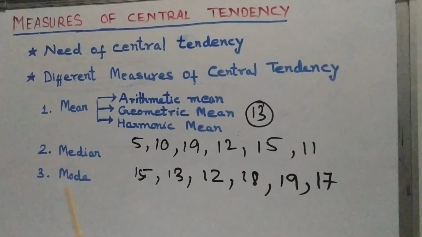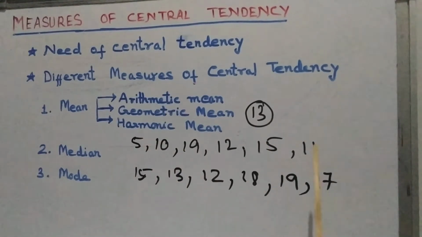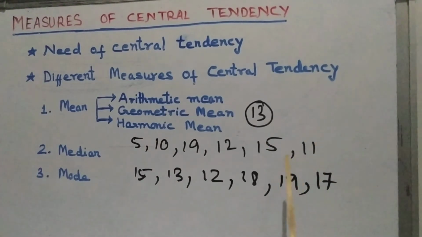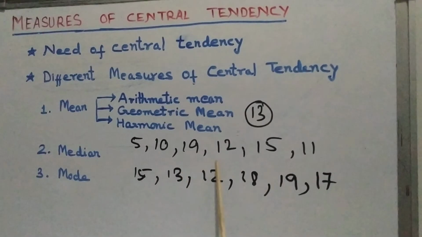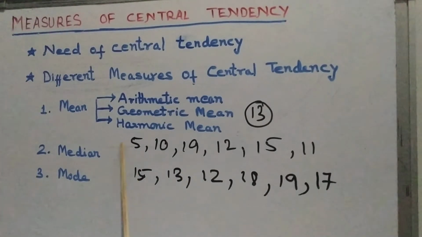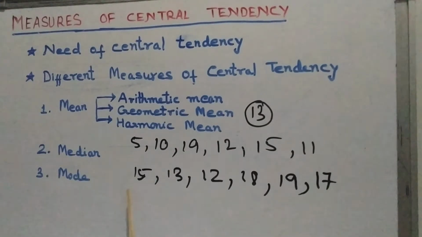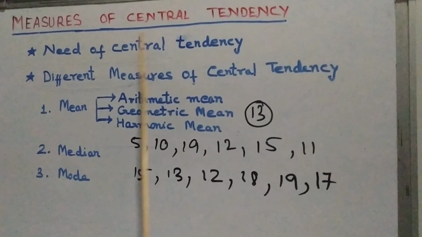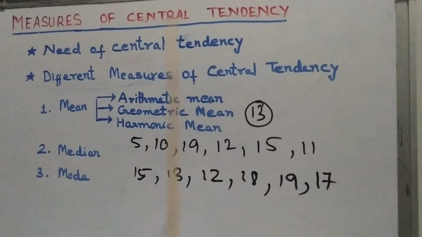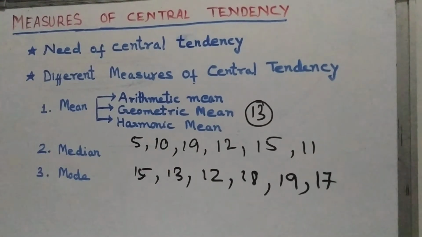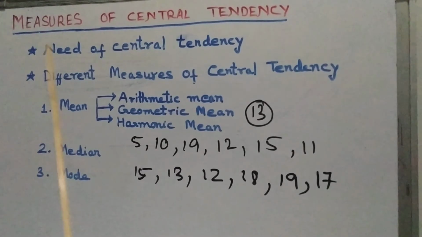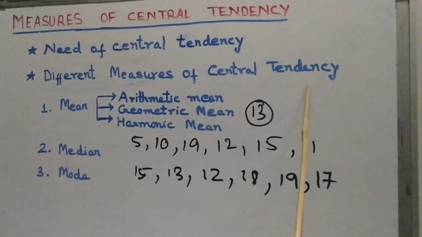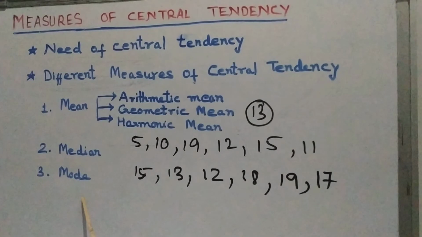But if we have a data set where the number of observations is more, suppose 1000 or 2000 observations, in that case it is quite difficult to compare two different sets of data. So in that case we need a central tendency value or central value to compare two or more sets of data. So these are the measures of central tendency: mean, median, mode.